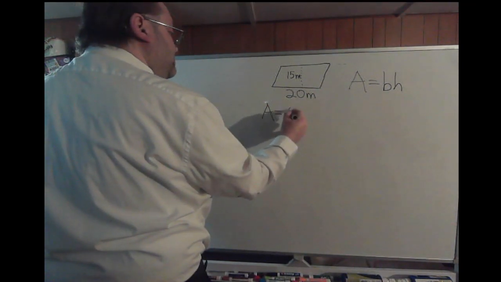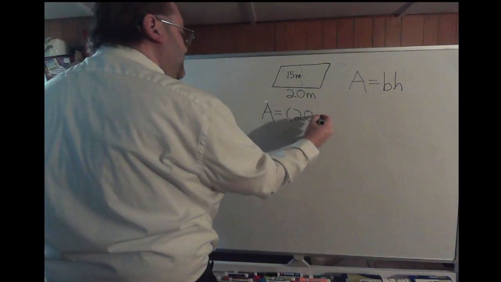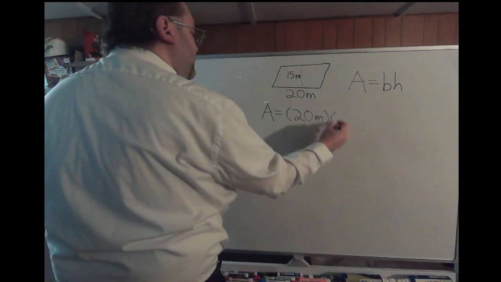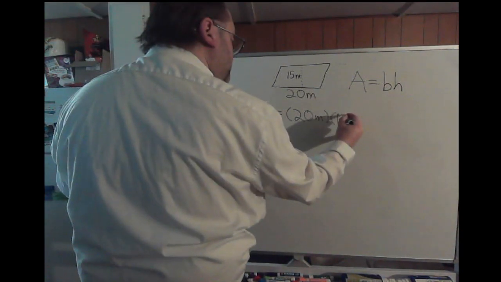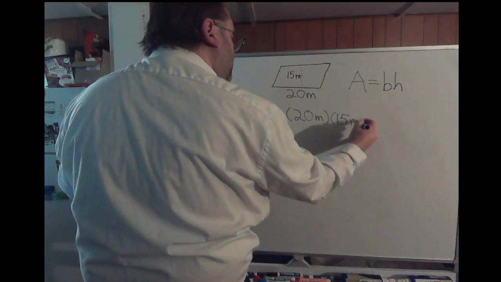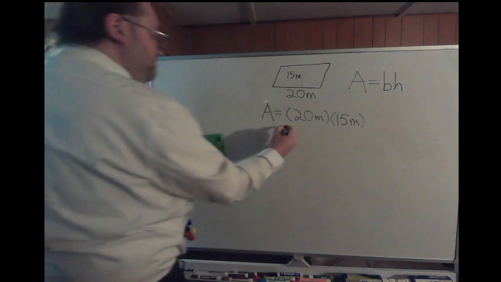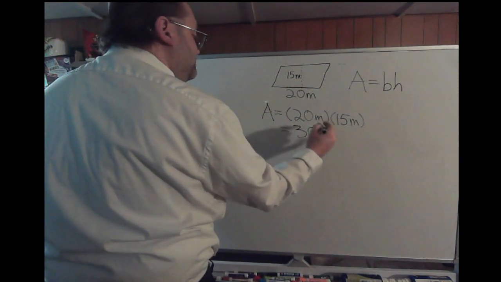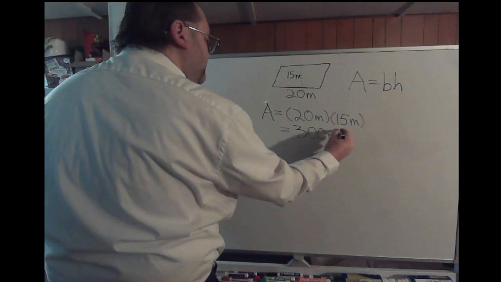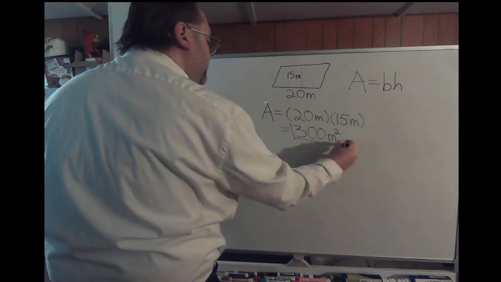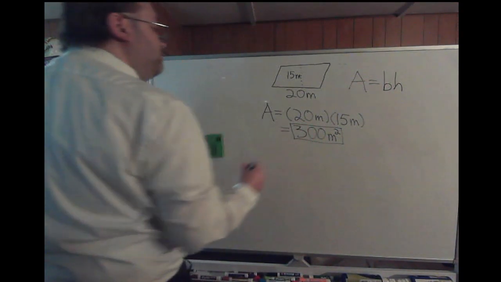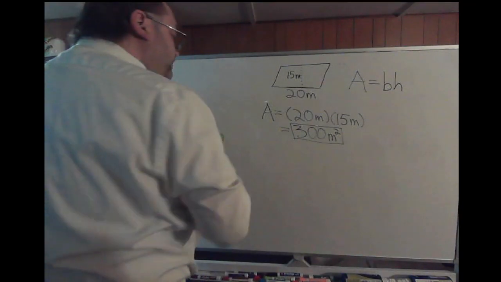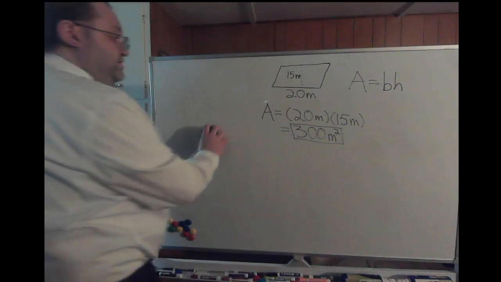So the base is 20 meters, and the height is 15 meters. So you'll have 20 times 15, which would be 300. Meters times meters is meters squared. So the area of this parallelogram is going to be 300 meters squared. And that would be your answer.